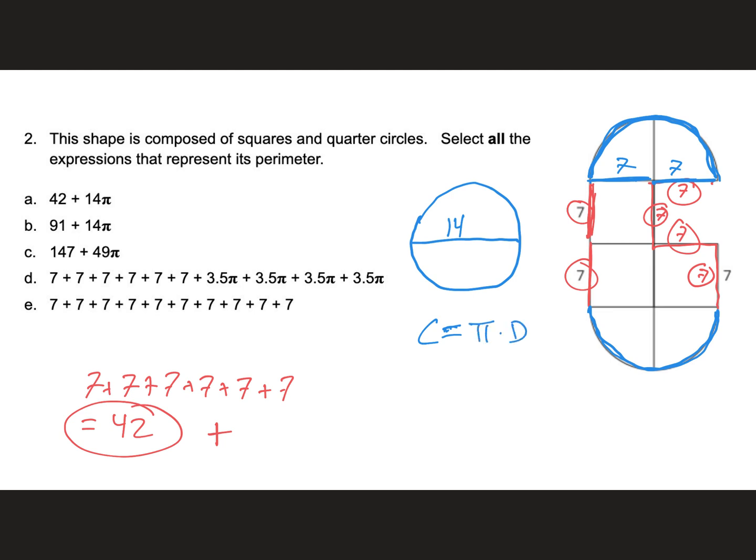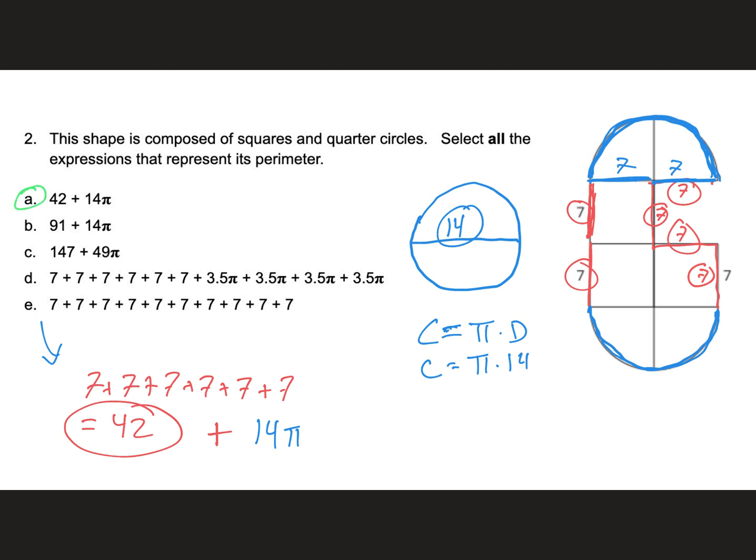So the circumference of these pieces added together is going to be pi times my diameter, 14. So going back down to here, I'm going to see that 42 plus 14 pi is going to be the circumference or the perimeter of the entire shape that we have here. Now all I have to do is find, well, which one of these is equal to 42 plus 14 pi?